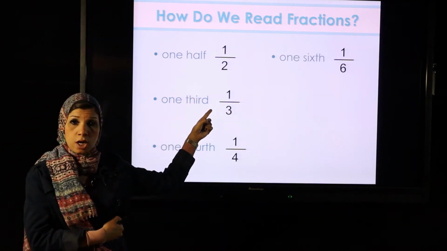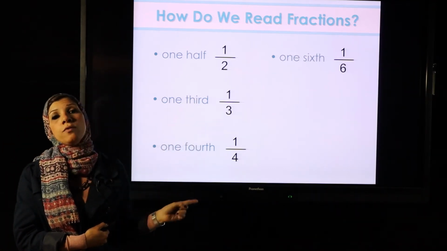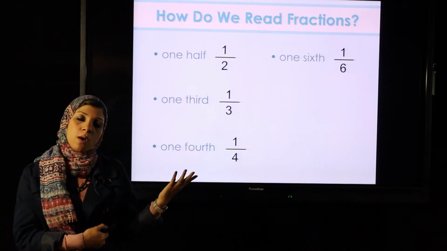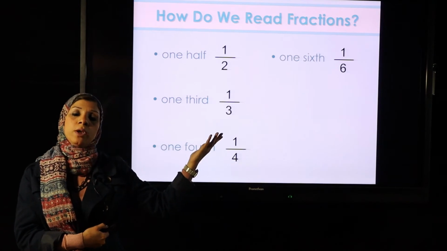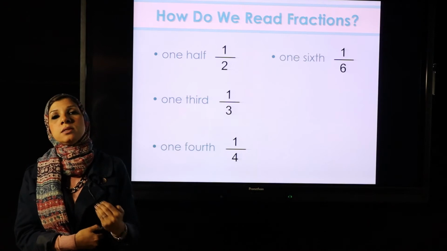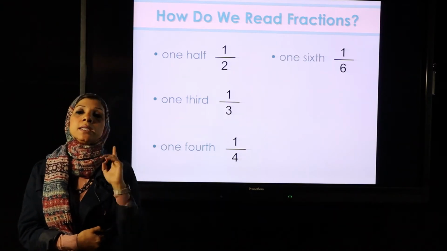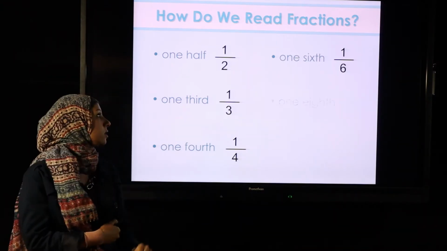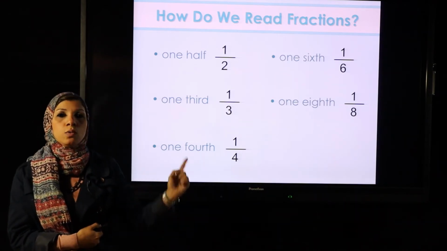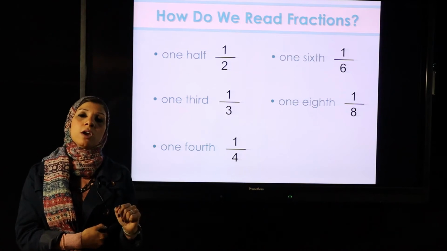On another side, we have 1/6. How can we write it in letters? How can we read it? The number up, we read as it is, 1, and for the number down we add th to it, so it will be sixth. Then 1/8. How can we read 1/8 or write it in letters?